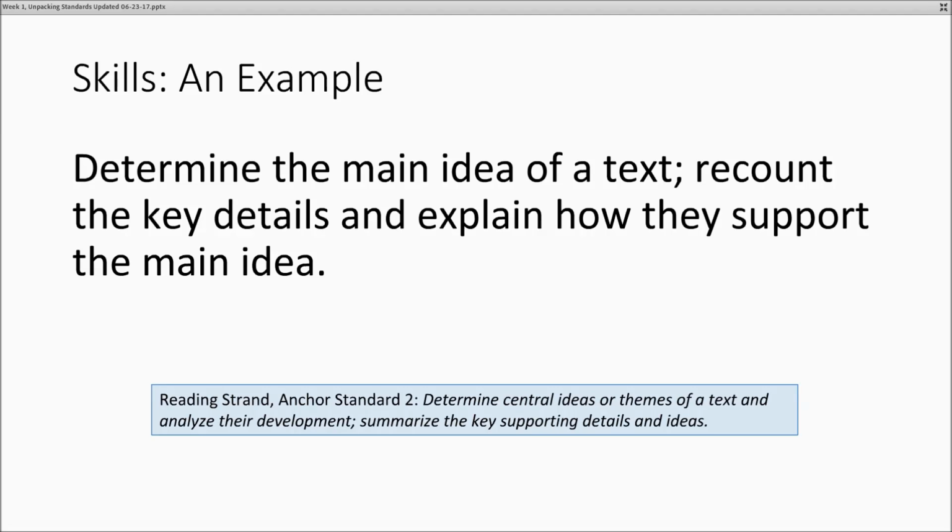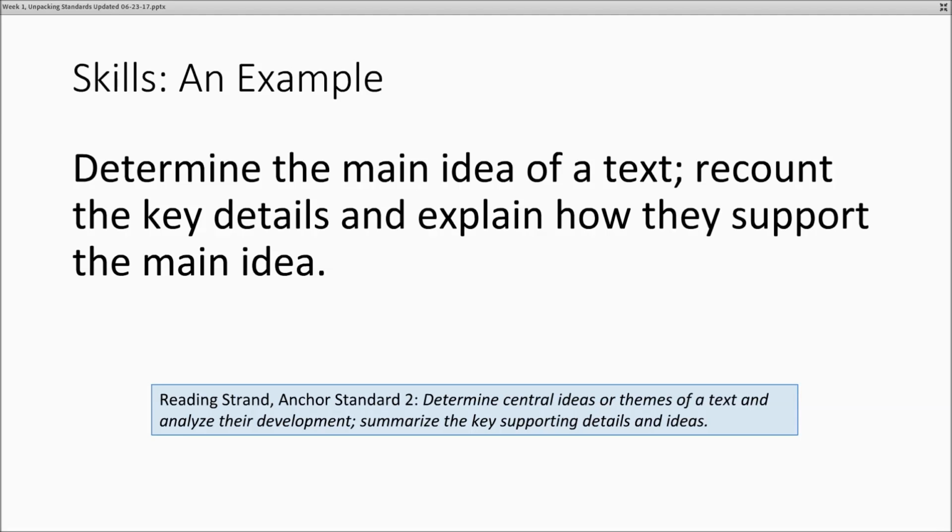Well, for now, we're going to look at the reading strand anchor 2, but level B. We know that there are levels A through E. Let's focus on level B. This one says, determine the main idea of a text, recount the key details, and explain how they support the main idea.